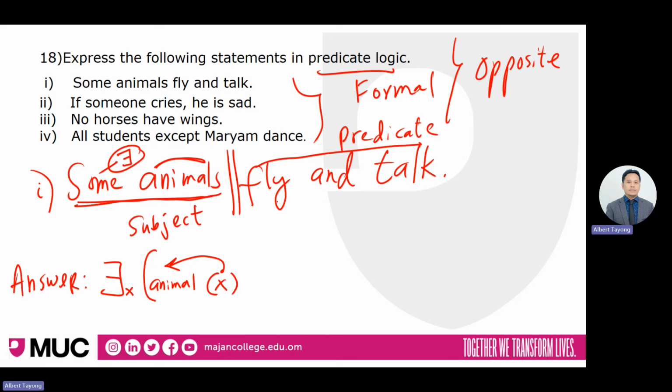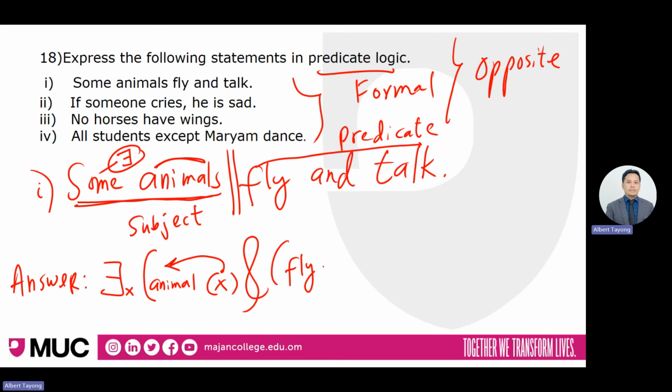Now, this is our predicate from fly and talk. We have to have here a connector. And it means that we are splitting now. This is the subject here. And here we have the predicate, okay, on the right. So we have to open. That means the whole group for the predicate. We start with the first, fly.